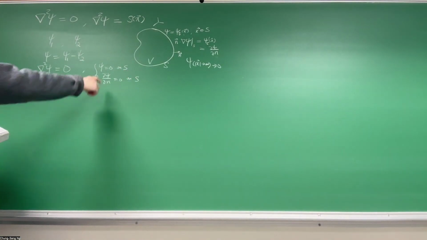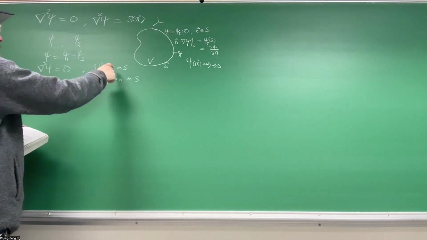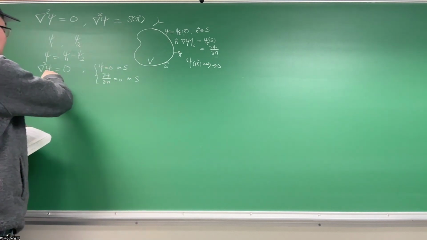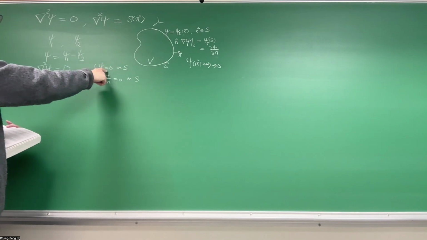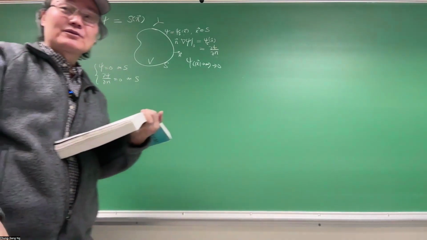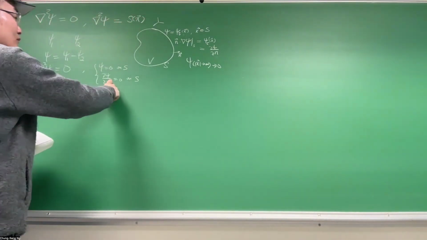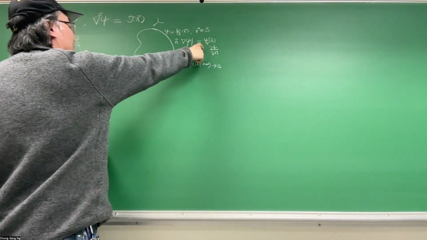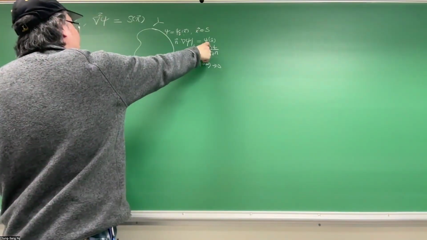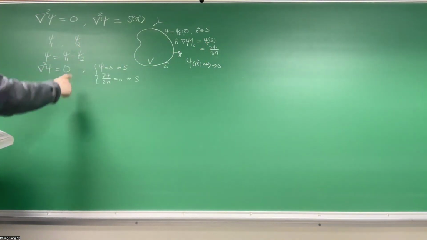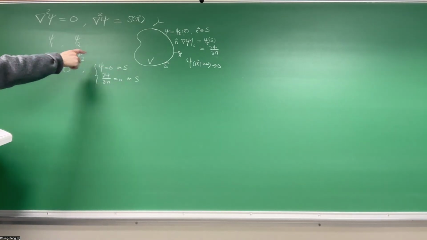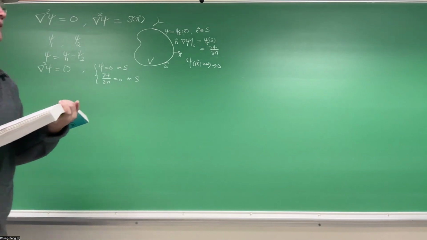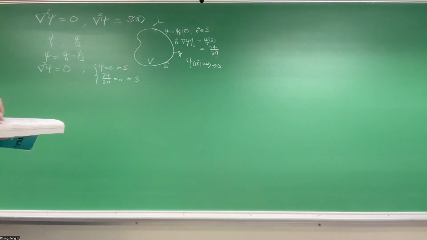So either this or that is satisfied, or a mix, where part of the boundary satisfies one and part satisfies the other. Even if the boundary condition has spatial dependence, after you subtract, the boundary condition for the difference between the two solutions will be exactly zero. Okay, so far so good.